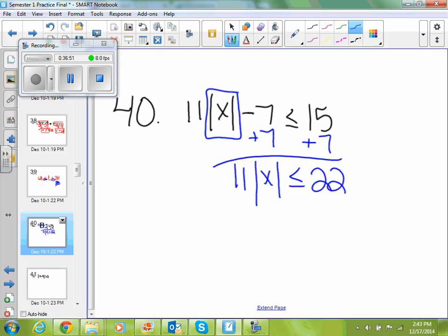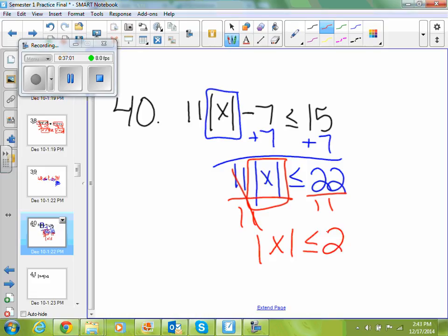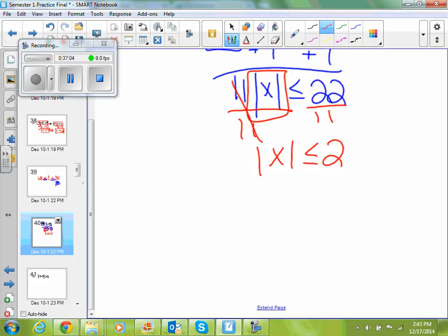Now what? I'm still trying to get this by itself, so divide by 11. So absolute value of x is less than or equal to what? 2. How many answers do absolute value equations have? 2. Okay, so I know I'm going to have 2 solutions.